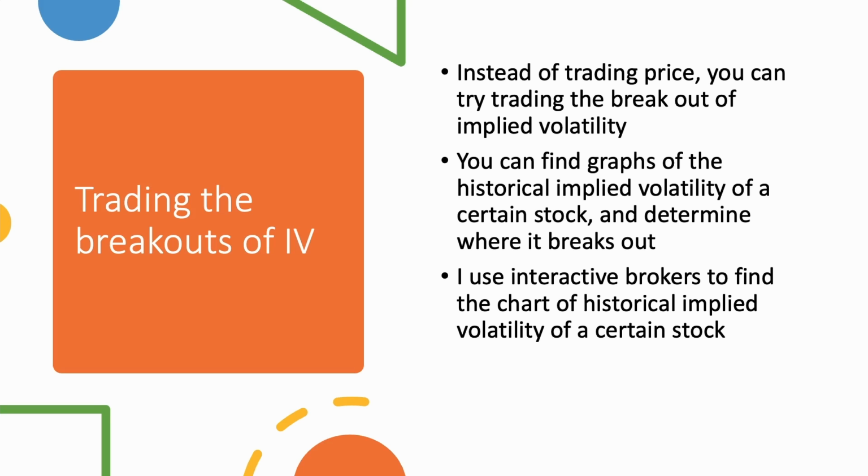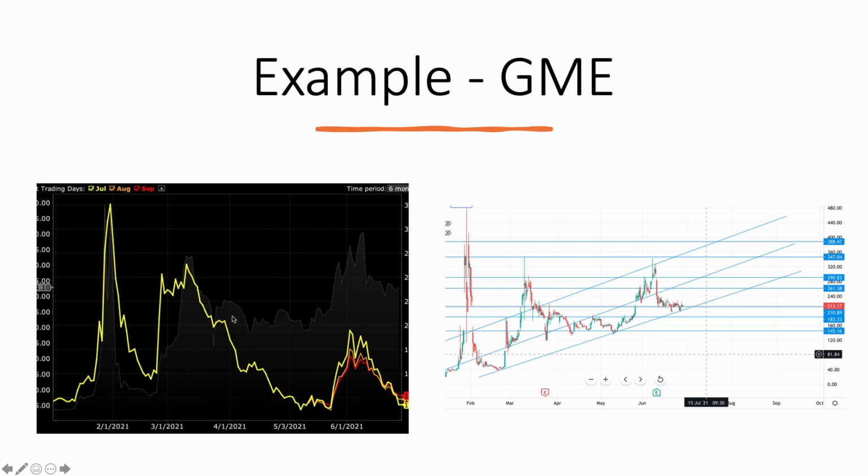Okay, so one strategy that you can utilize is buying the breakouts of implied volatility, as I discussed previously. You can also look at some extremely volatile stocks and realize that GME at this price is not the same GME at another price. So here, when the volatility is contracting, the price is moving sideways. But if you bought it at this price and you bought it at this price, it's not the same stock, because the derivative traders are pricing in a different risk profile by contracting the volatility.